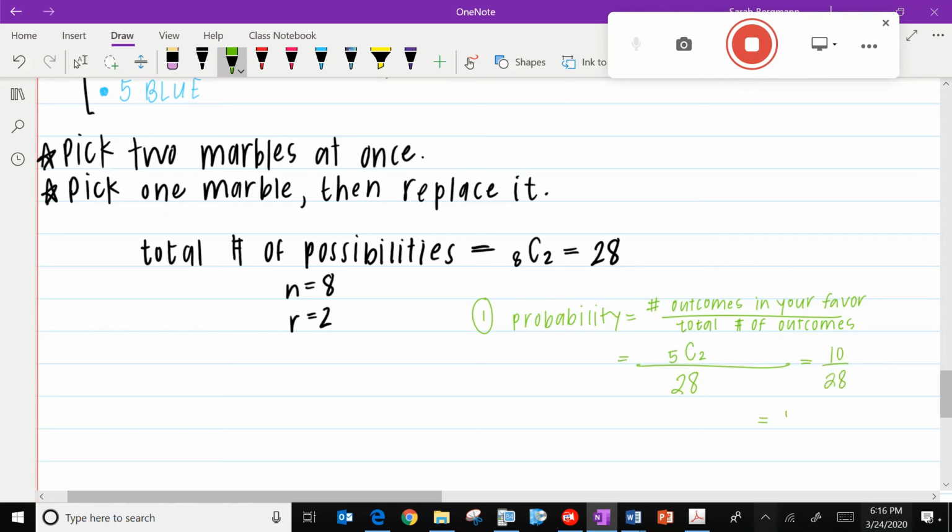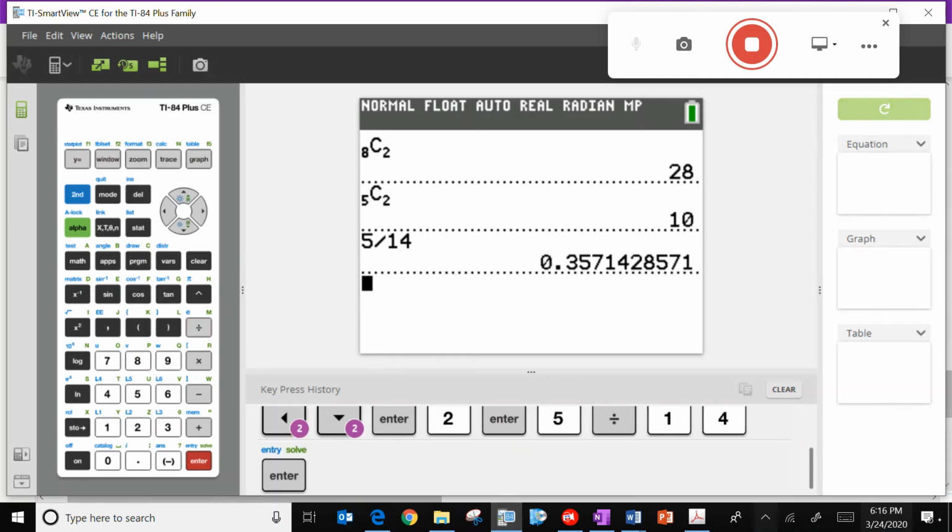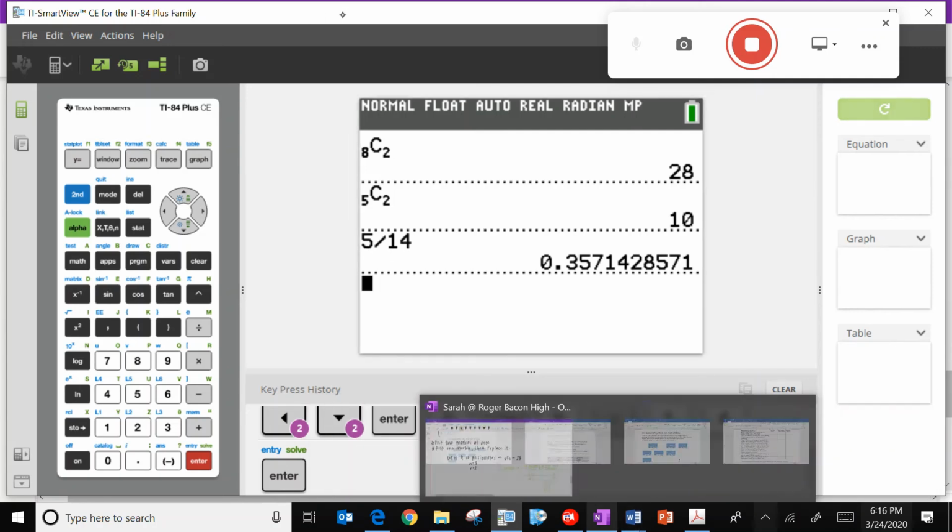That reduces to 5 over 14. Which you could also change to a decimal or a percent. So it's 35.7% probability.